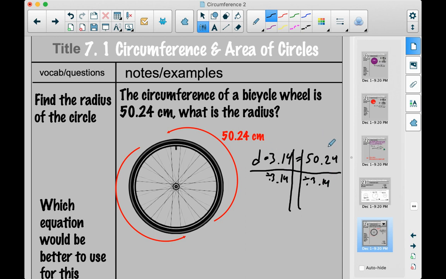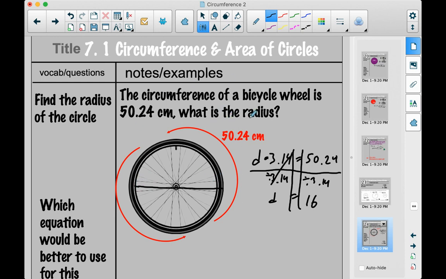I had multiplied by 3.14 to get the circumference, so I'm undoing that step. If I divide 50.24 by 3.14, I get 16. So the diameter is 16. Remember, diameter is all the way across. Does that answer my question?